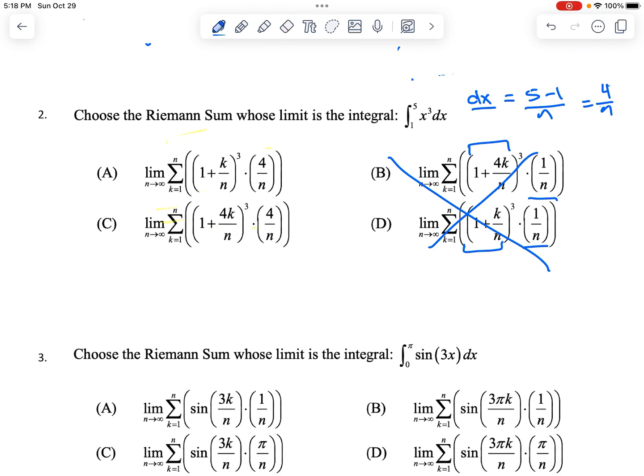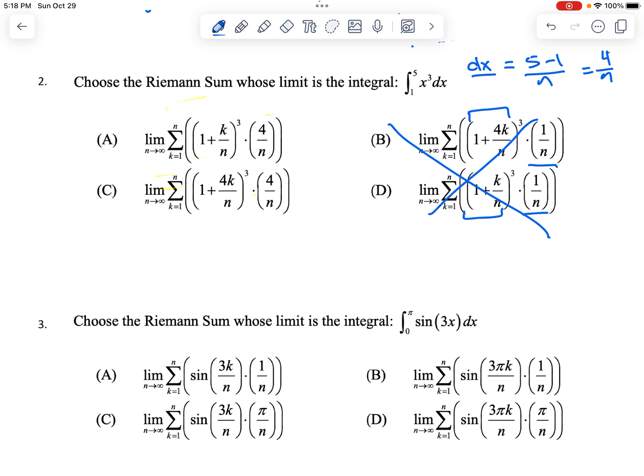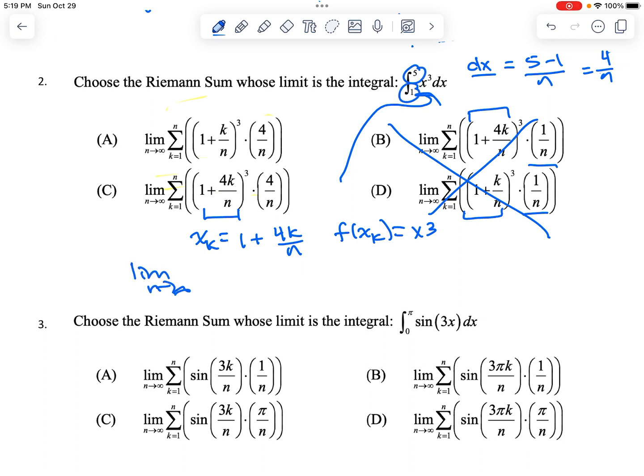So I'm going to pick one to check, and let's see if this works. So this one, your x sub k is 1 plus 4k over n. So your f of x sub k would be x cubed, which is what I have here. The only thing we have to check is, do our bounds make sense? So we need to check our beginning bound.